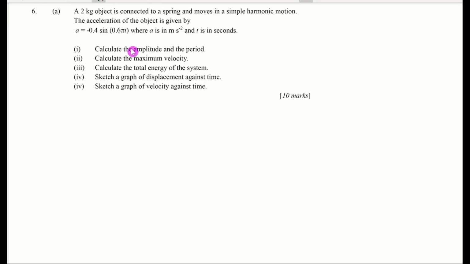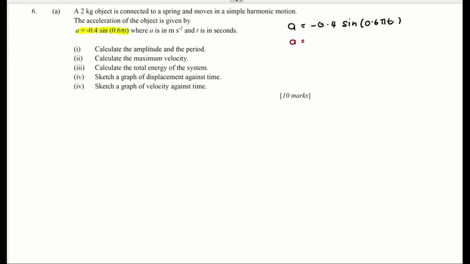Usually in questions we see the equation for y, which is the displacement equation. But if the question gives you the equation of the acceleration, which is equal to negative 0.4 sine 0.6 pi t, then we should write the equation of the acceleration in terms of time.